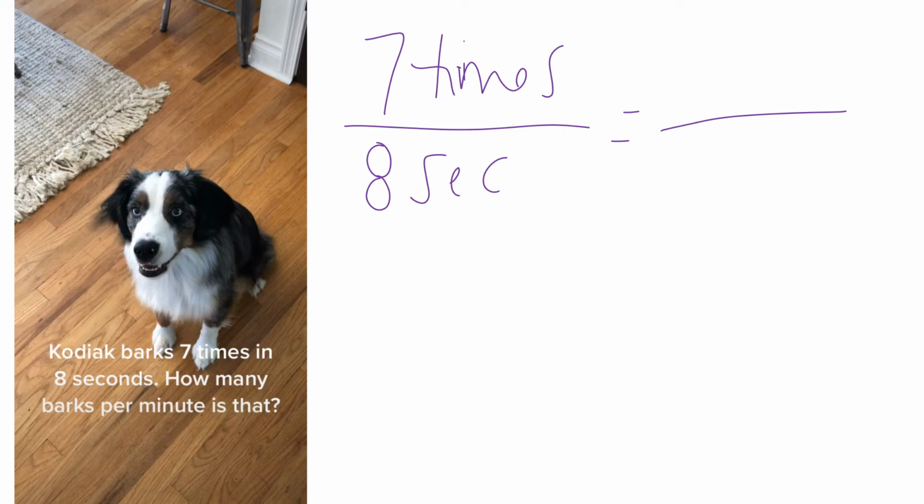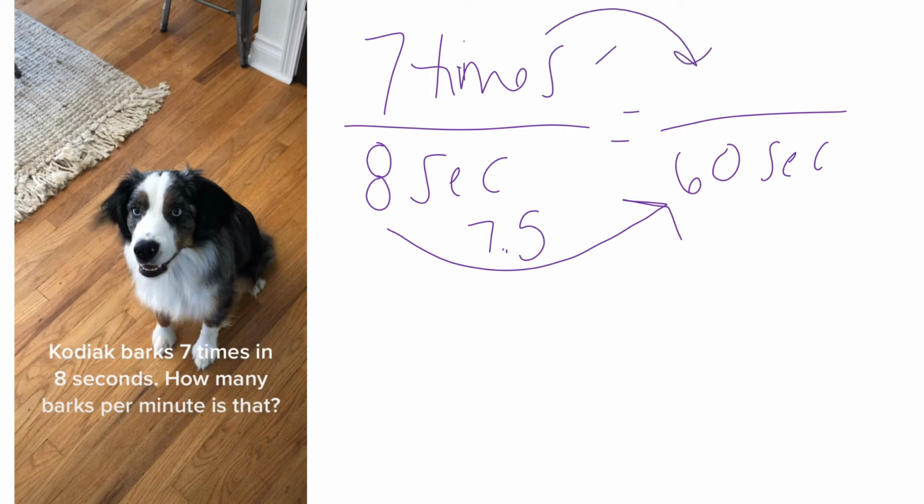So 1 minute is 60 seconds. So we're going to scale this up to be out of 60. And if I divide 60 by 8, I get my scale factor, which is 7.5. So that means that we have to multiply 7 by 7.5 to keep it proportional.